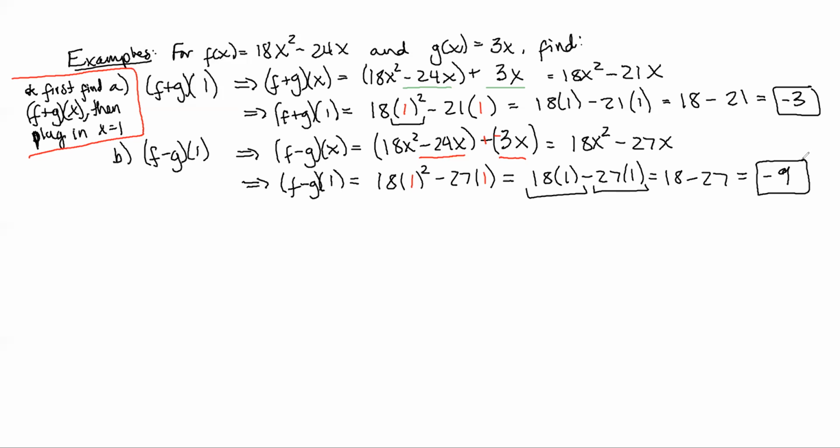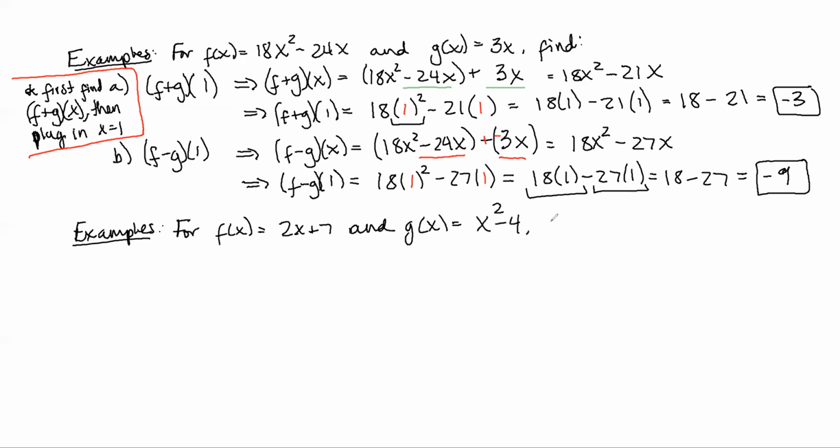All right, so that's addition and subtraction. Now let's go ahead and try some multiplication. So again, we're given f of x equals 2x plus 7, and g of x is x squared minus 4.